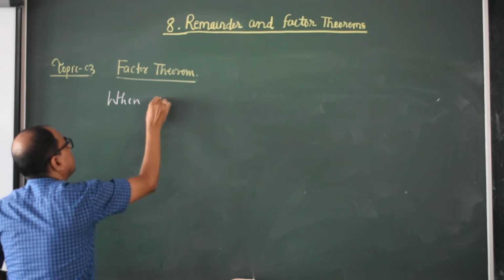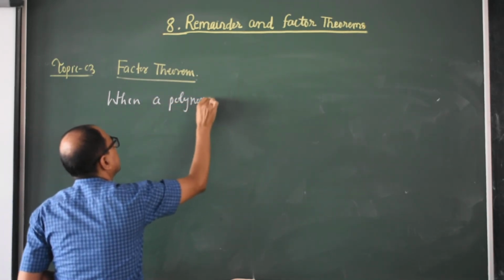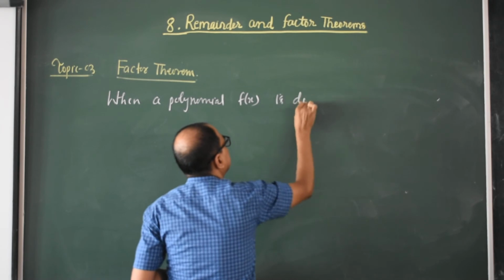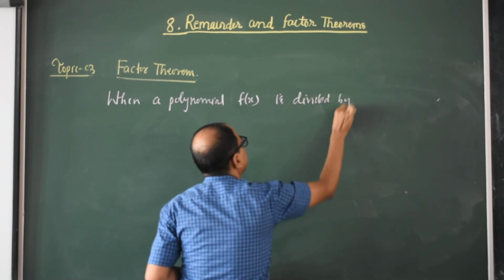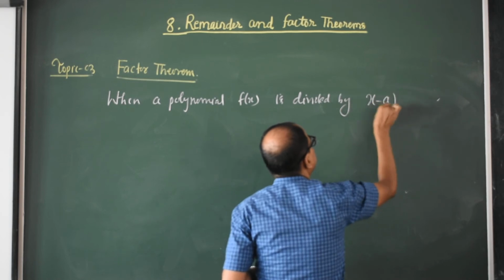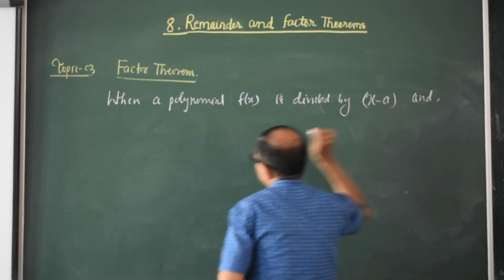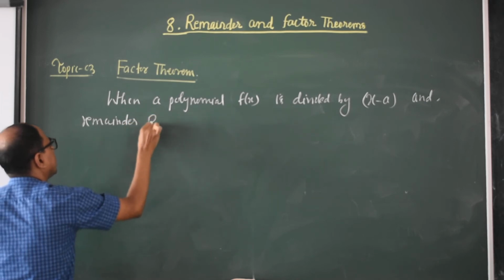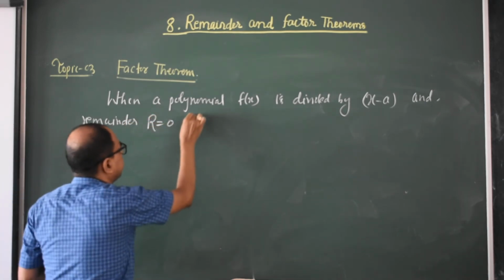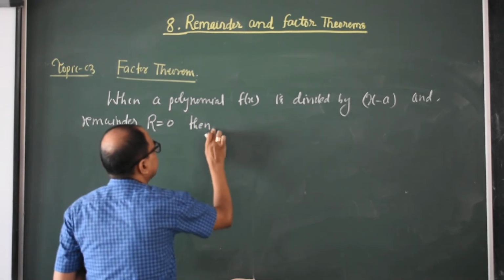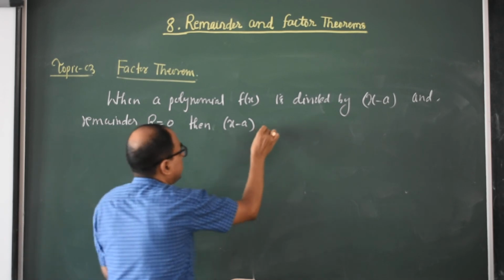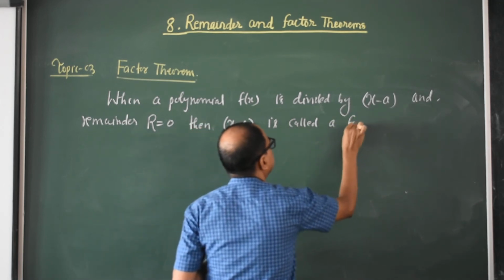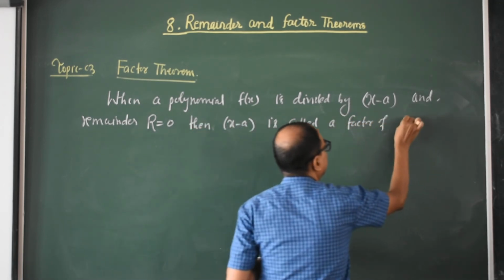When a polynomial f(x) is divided by x minus a and the remainder r is equal to 0, then x minus a is called a factor of the polynomial f(x).